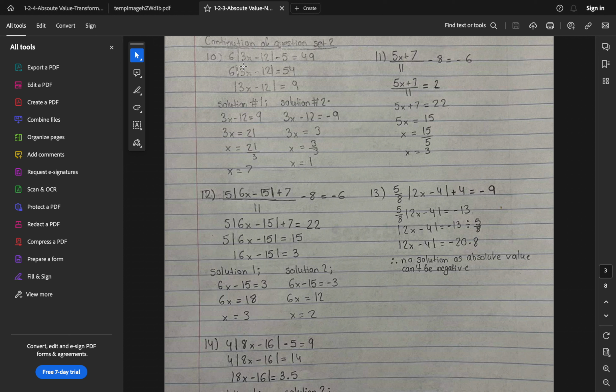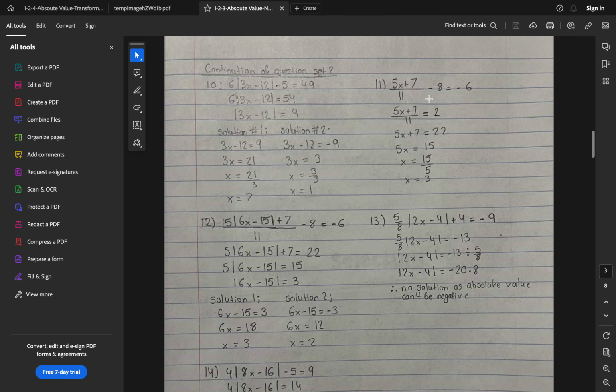We divide both sides by 6, and we get the absolute value of 3x minus 12 is equivalent to 9. So now we have two solutions, where it's equivalent to 9 and negative 9. We rearrange for both. For the positive solution, we end up getting x is equivalent to 7. For the negative solution, we end up getting x is equivalent to 1 by isolating for the x value.